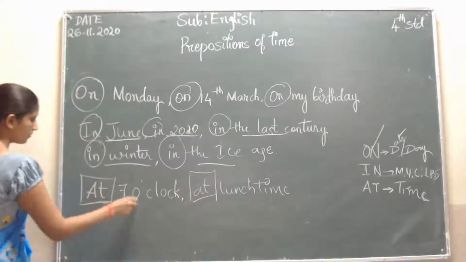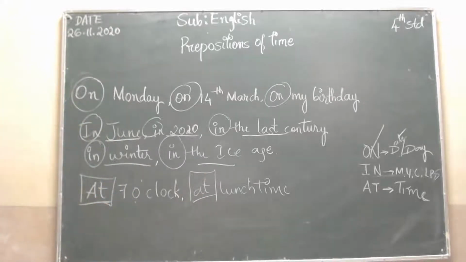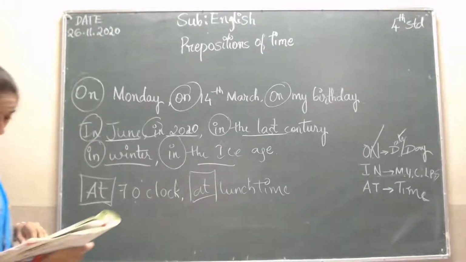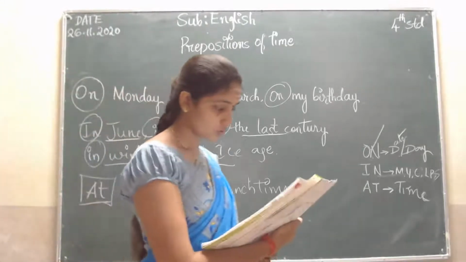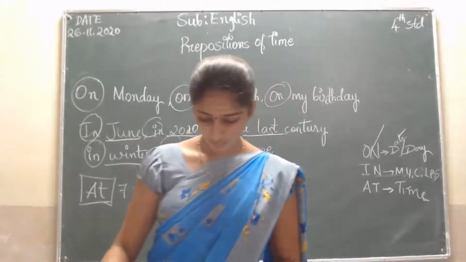Seven o'clock is a particular time, whereas lunchtime is also an exact time. So we use on for days and dates, we use in for months, years, seasons, centuries, as well as for long periods, and to show an exact time we use at. So this is about prepositions of time.